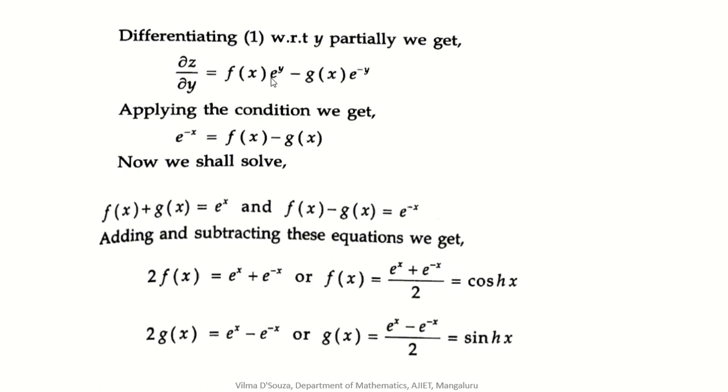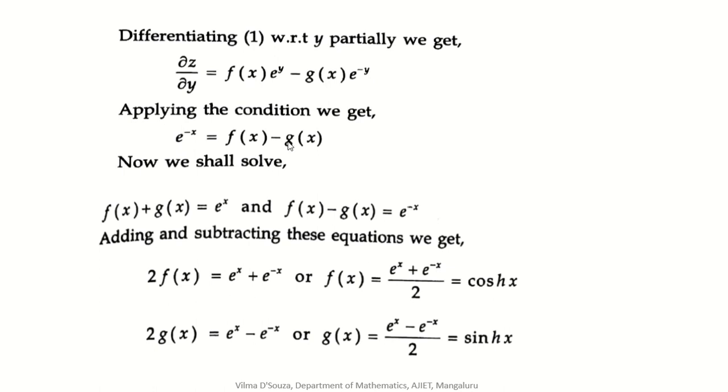Y is 0. So f of x e power 0 becomes 1, minus g of x into e power 0, that is 1. So dou z by dou y is e power minus x.